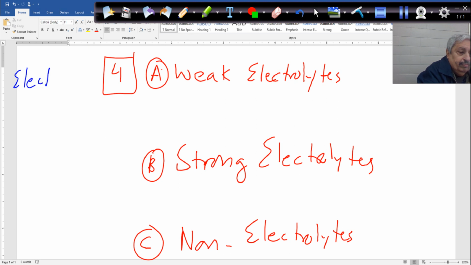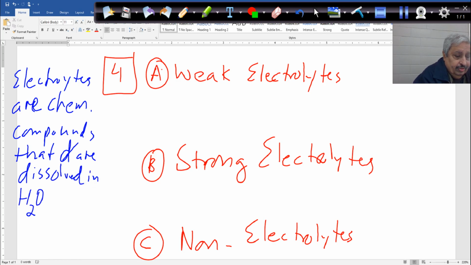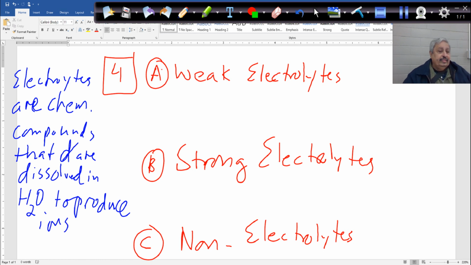Electrolytes are chemical compounds that are dissolved in H2O to produce ions. This is the definition. Any compound that dissolves in H2O and produces ions is specifically called an electrolyte.